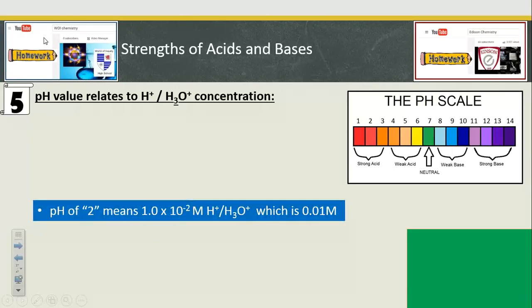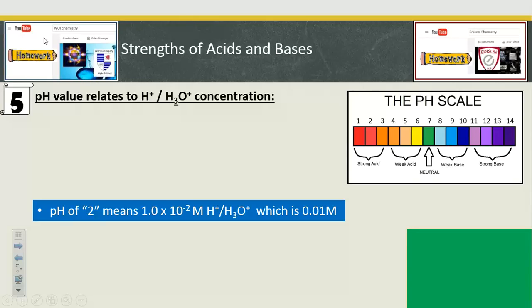A pH of 2 means it's 1.0 times 10 to the negative 2 molarity of solution, which is technically 0.01 molarity. When you type 1.0 times 10 to the negative 2 into your calculator and press enter, it's going to give you 0.01, not 0.02. So the negative exponent tells us how far to move the decimal place when calculating concentration.